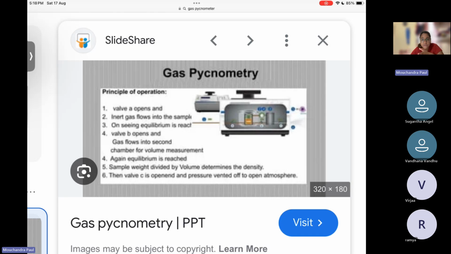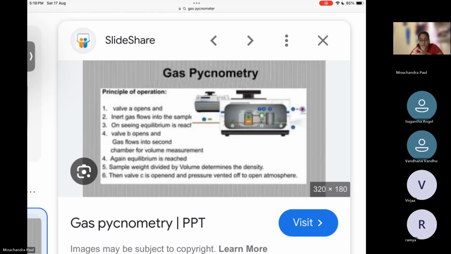Then we allow the process to happen for some time until it reaches equilibrium. And then another gas is flowed again through the sample to remove whatever air was trapped inside the pores, and then it is captured through a detector.